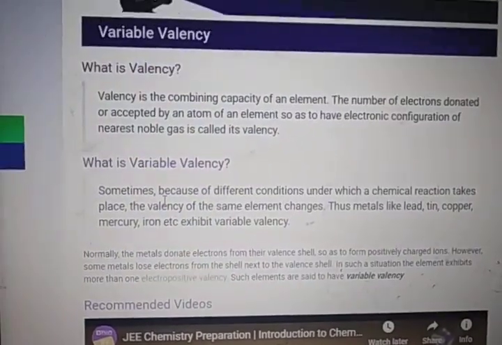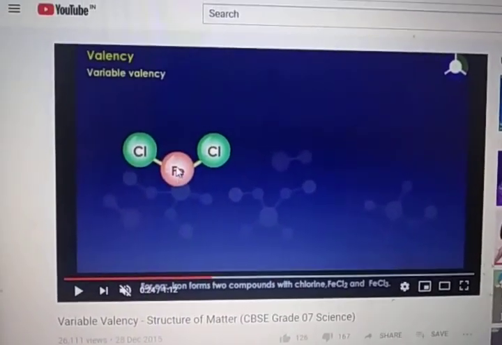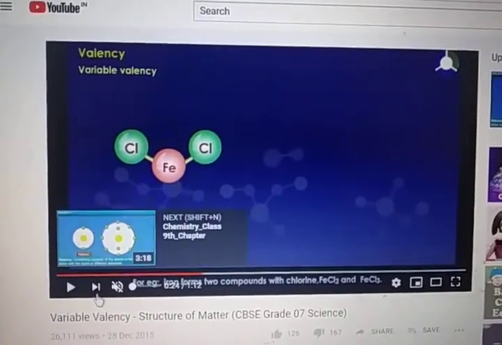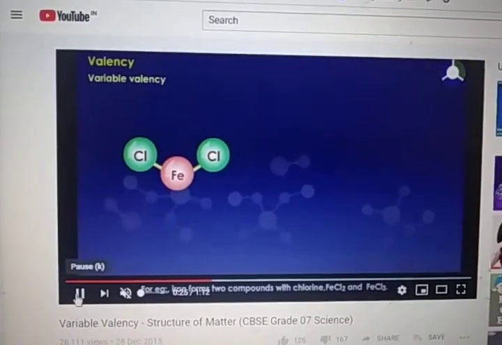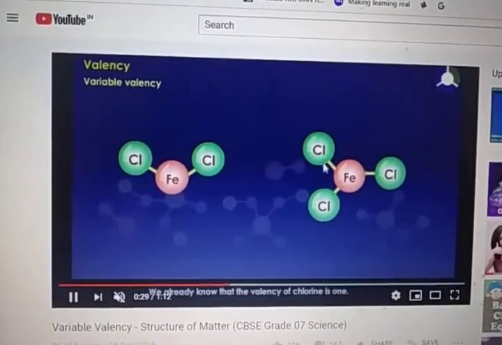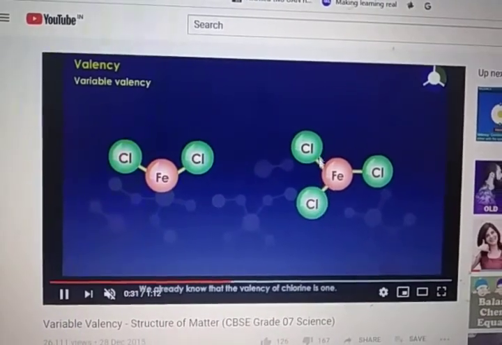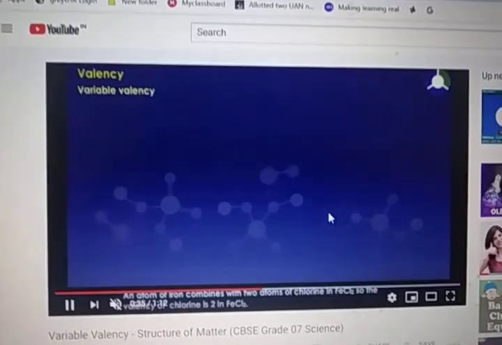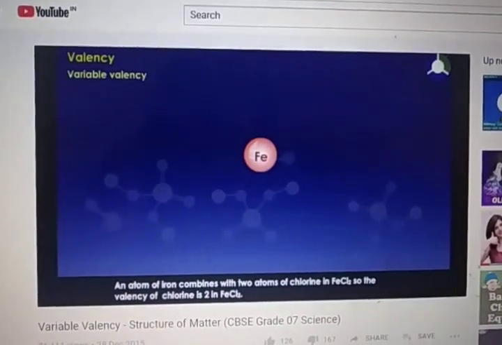Right? Now we can take the example of iron here. Iron under certain conditions combines with 2 chlorine atoms and forms FeCl2. The same iron under a different set of conditions will combine with 3 atoms of chlorine and form FeCl3.